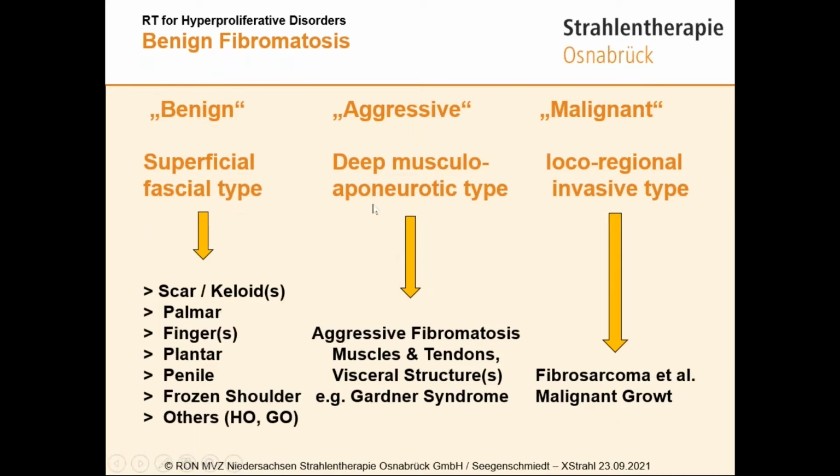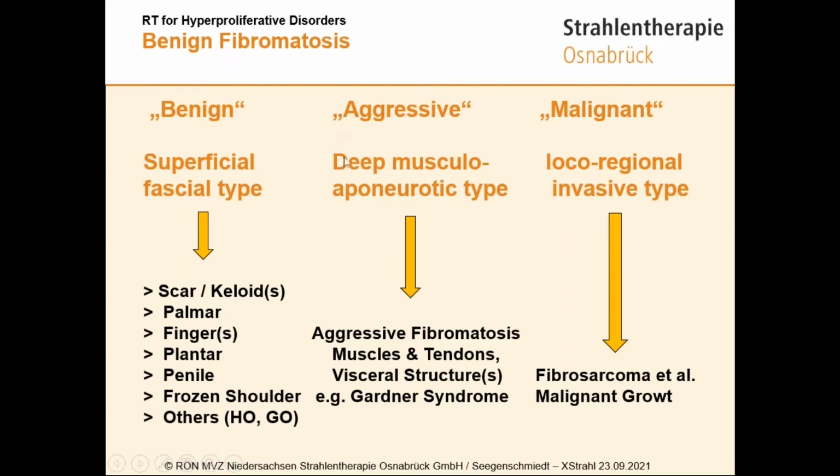The specific diseases which can occur from the superficial fascial type are pathologic formation of scars, so-called keloids, palmar, plantar, and penile fibromatosis, other symptoms like frozen shoulders, and other hyperproliferative disorders like heterotopic ossification or Graves' orbitopathy, which are not dealt with in this symposium.